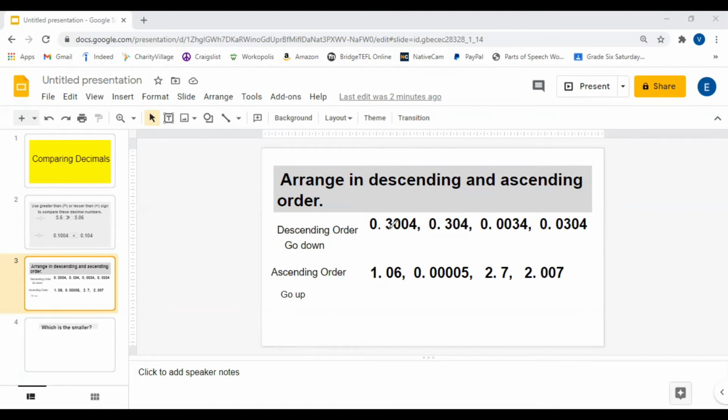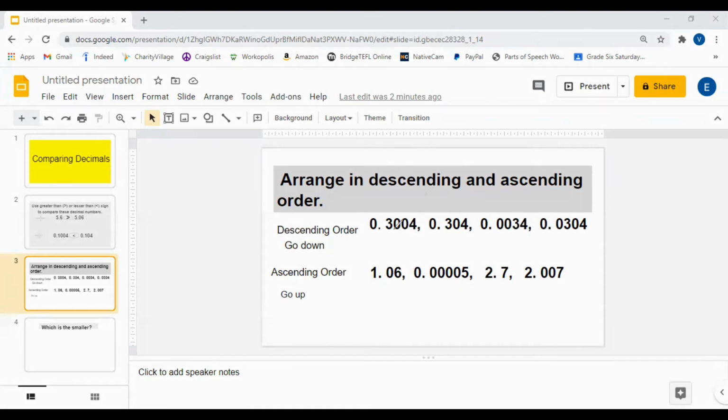I'm going to look at the second digit, which is 3 in this number, 3 in this number, 0 here, and 0 here. We are looking for the biggest number, so we have to look now between this one with the 3 and this with the 3, because these two are out. Just between 0.3004 and 0.304.